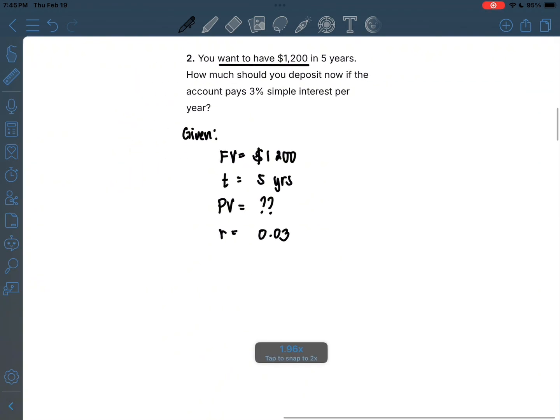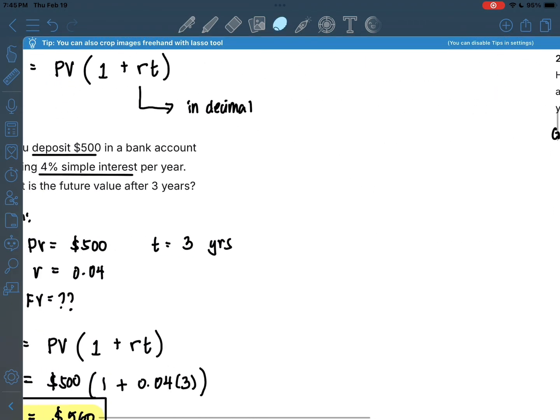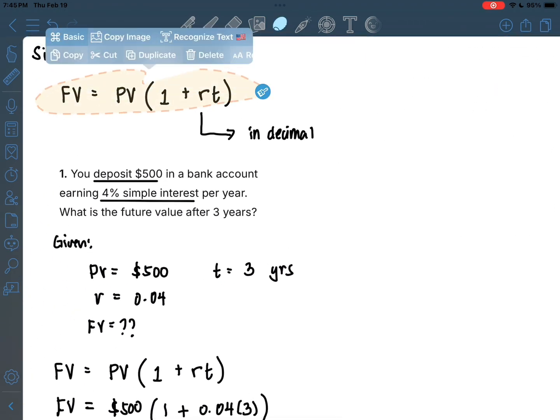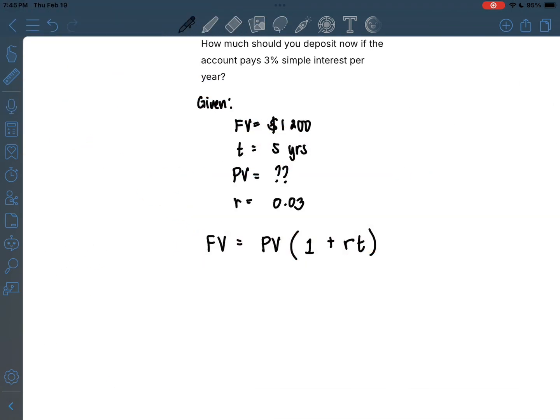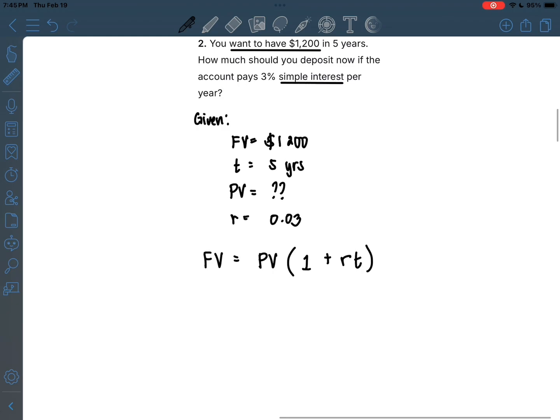If we use the formula for the simple interest, we use it because it simply says it's a simple interest. For FV, we have $1,200 equal to PV, we don't know PV yet, times 1 plus the R, 0.03, multiplied by 5 years.